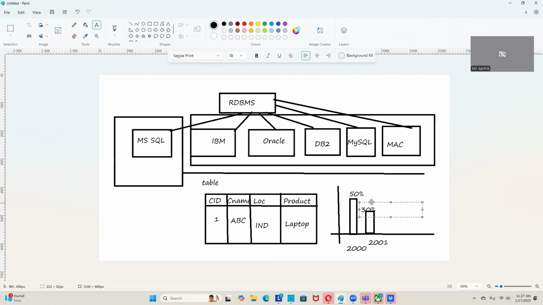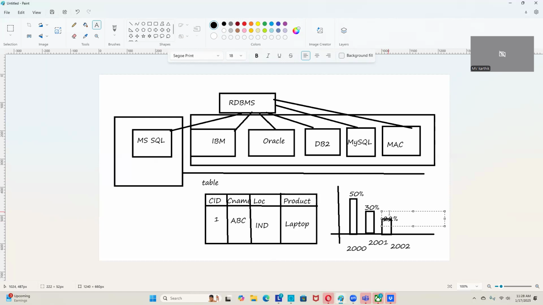Okay, and again in 2002, again my business fell down, due to some reasons. Okay, so let me represent here 2002, again there is a downfall, reduced to 22%. Okay, so 22%, my business fell down.